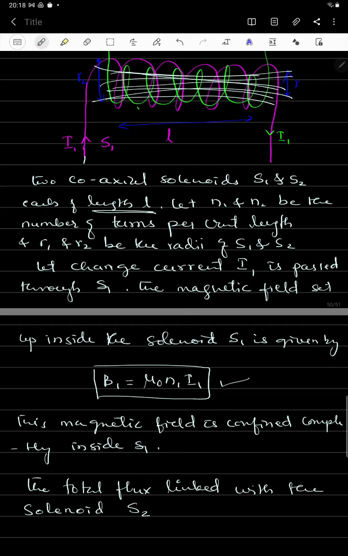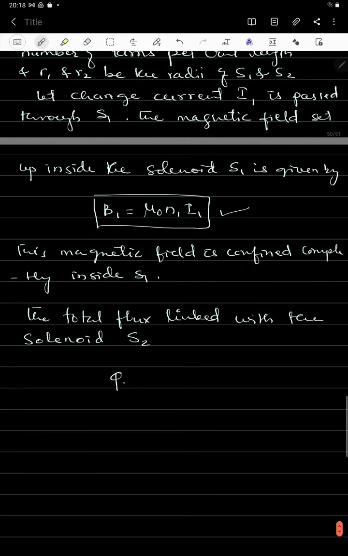Therefore the magnetic flux in the secondary coil is N2 B1 A1: the number of turns of the secondary coil into the magnetic field of the primary coil and the area of the primary coil.